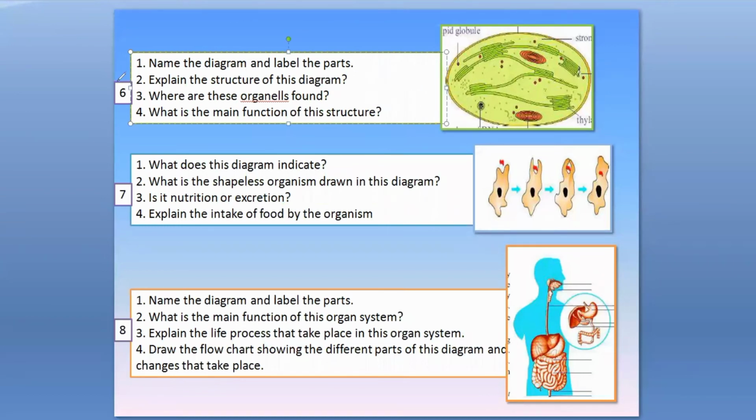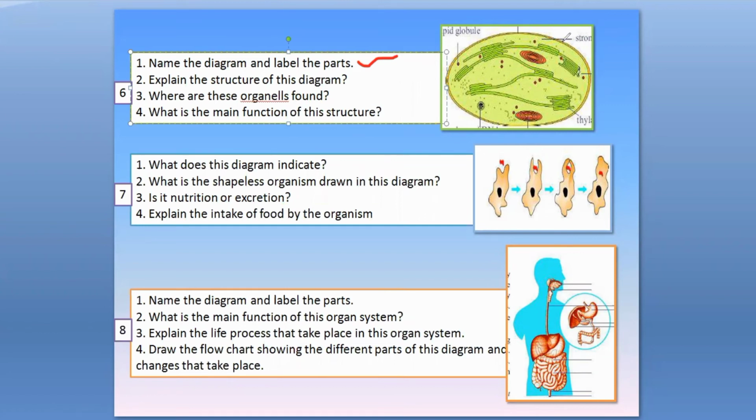Now the sixth one: name the diagram and label the parts. The diagram is of one of the important cell organelles present in the plant cell, the chloroplast. The chloroplast was discovered by the scientist Schimper.